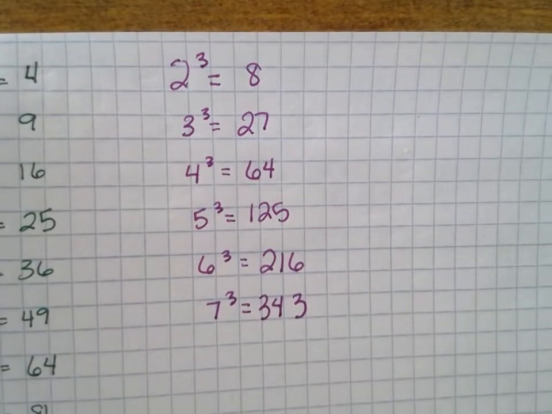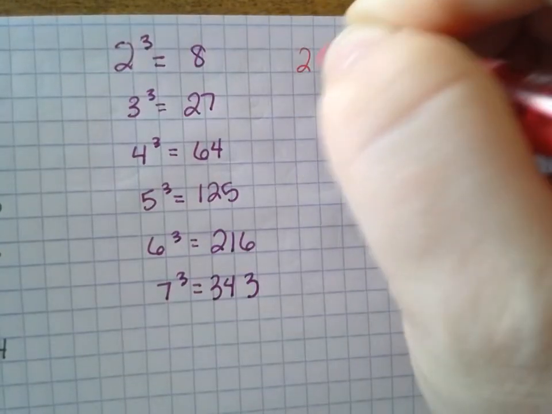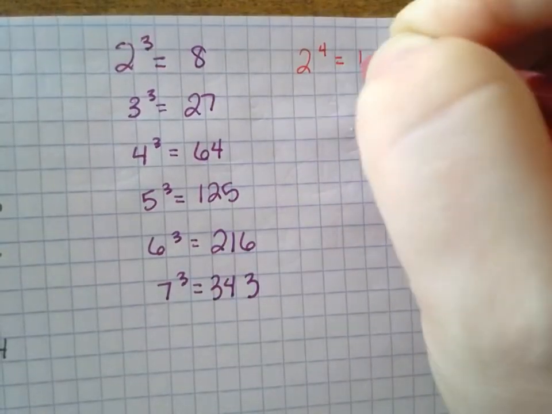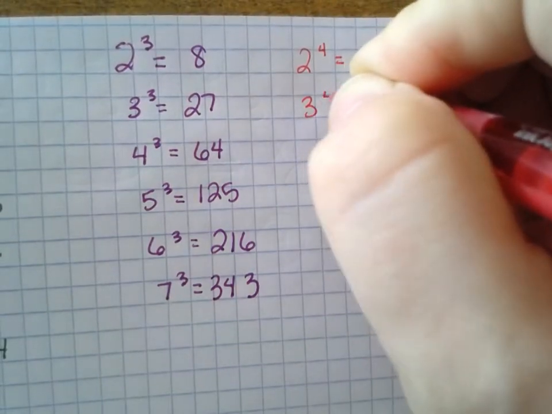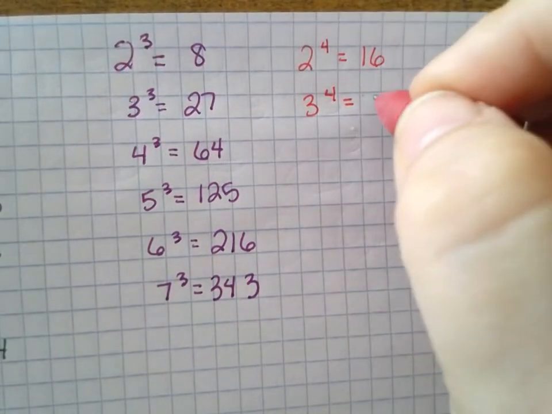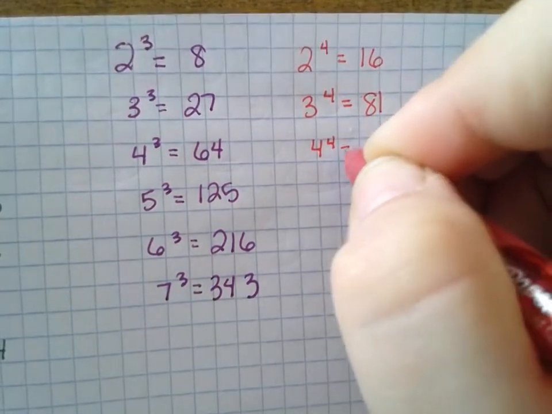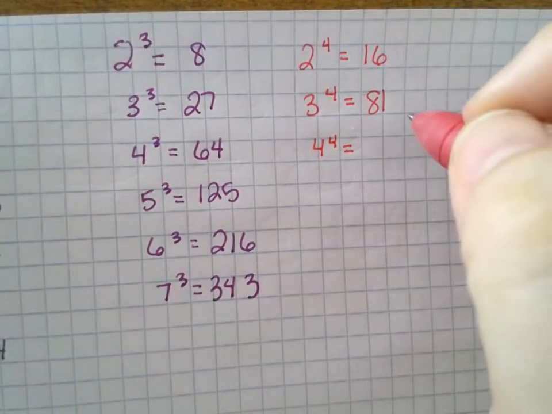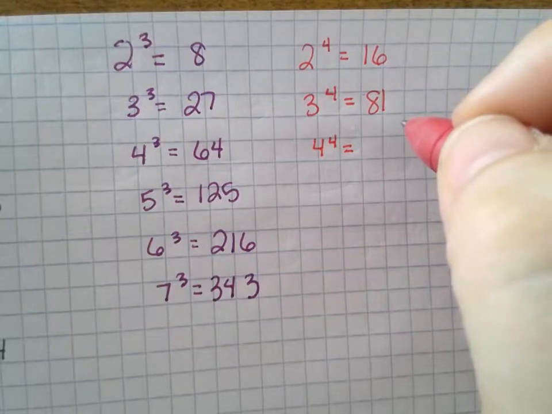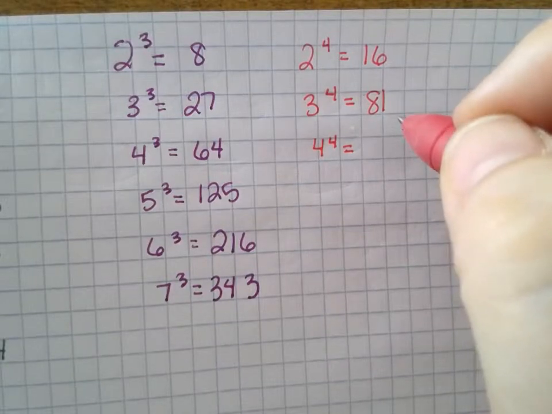Then a couple fourths that you're going to run into. 2 to the 4th. 3 to the 4th. 81. 4 to the 4th. 256. Very good.